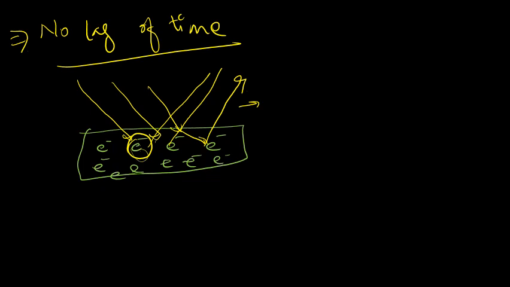That is, only when we consider that electromagnetic radiation consists of discrete packets of energy, or photons, can we explain the photoelectric effect. We cannot explain it on the basis of wave theory. So this was all about the photoelectric effect.